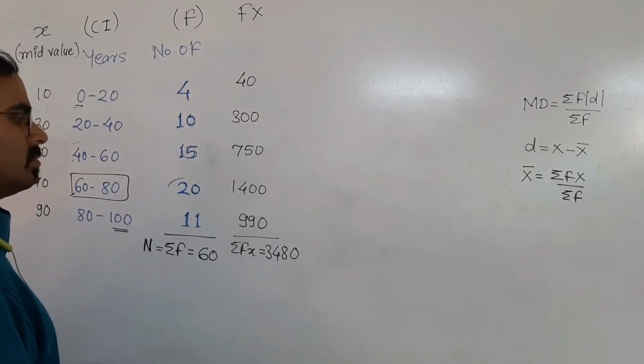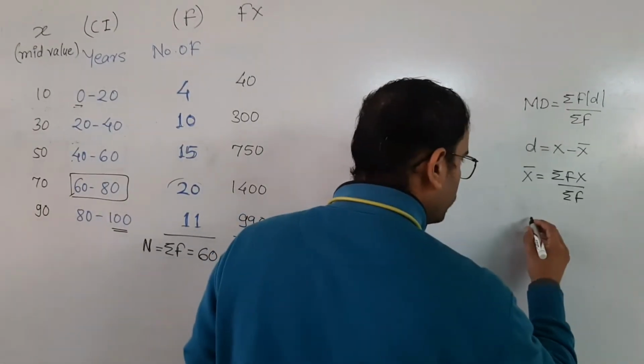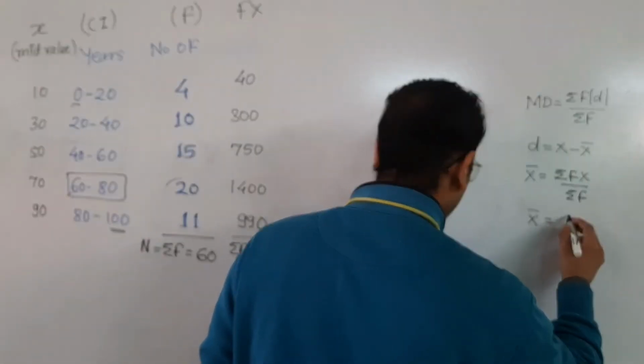So 3 4 8 0. So we are putting this value to find x bar.